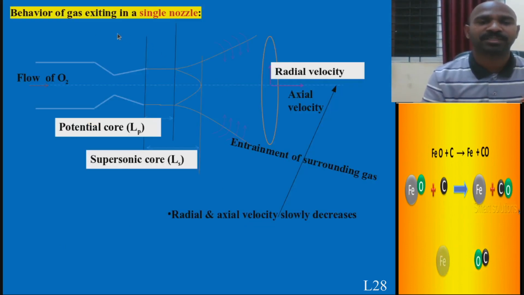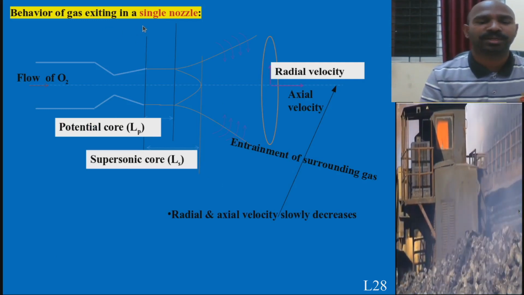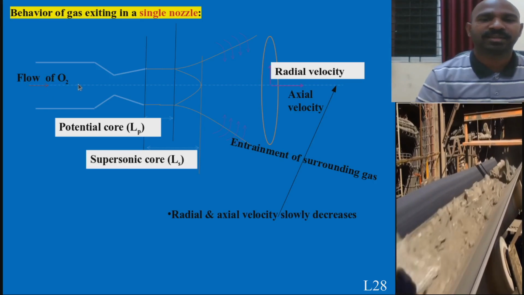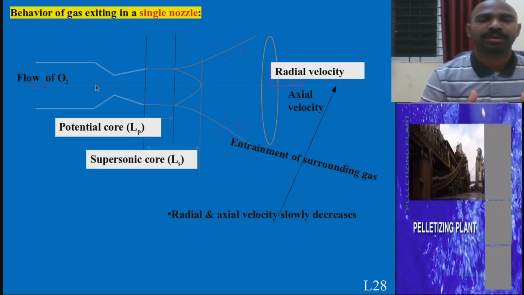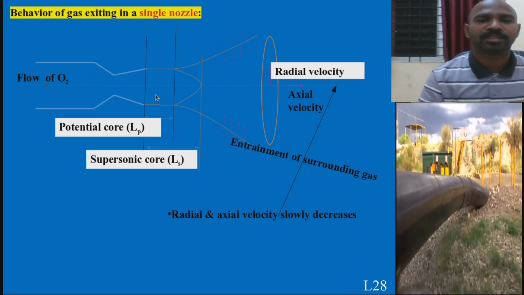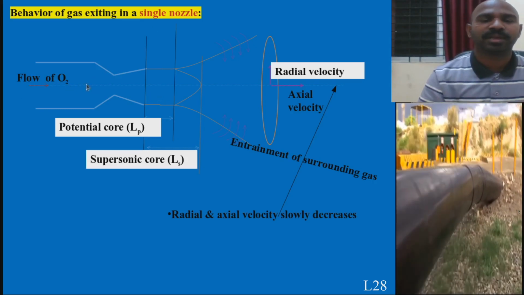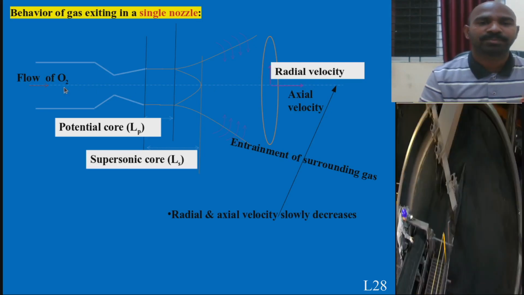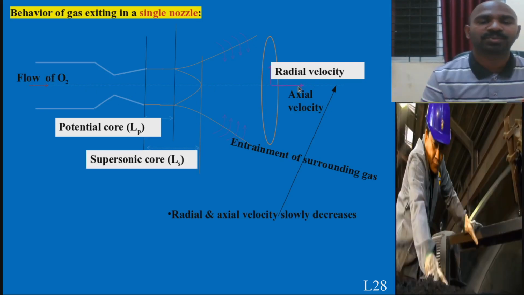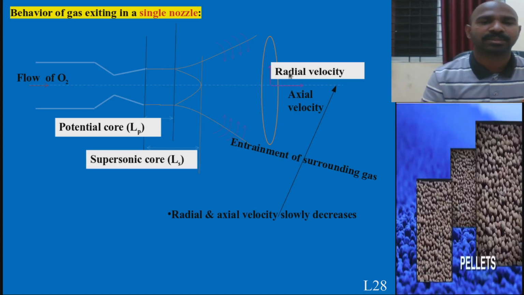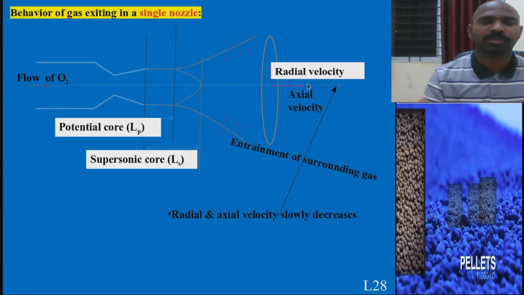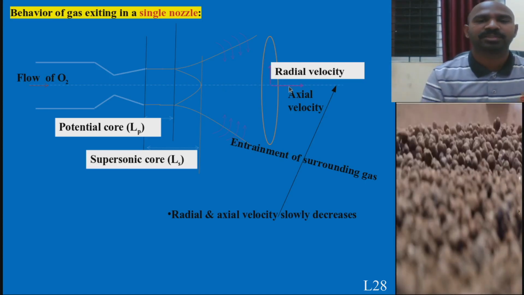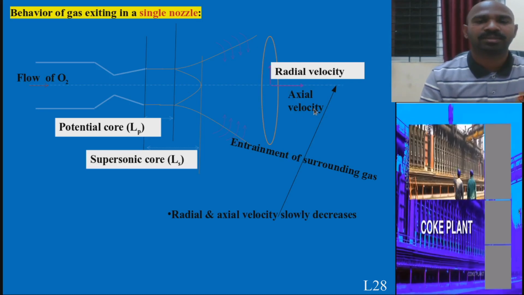And one needs to notice that if this particular nozzle is a single nozzle, assume that the flow of oxygen is coming from this direction, and this is a typical nozzle design. This is the axis of oxygen coming from the top of the LD converter. So I can call this surrounding direction the radial velocity, whereas along this axis it is called the axial velocity.